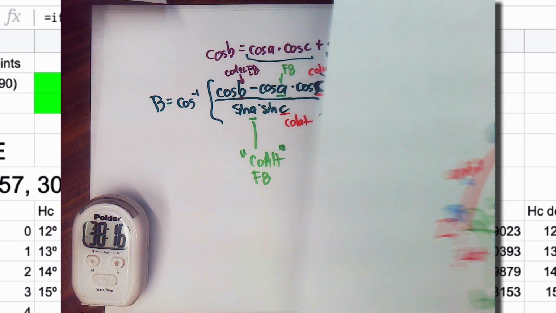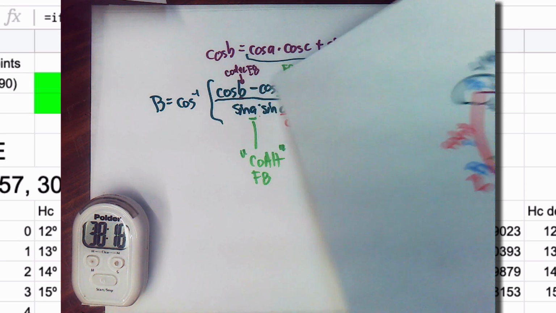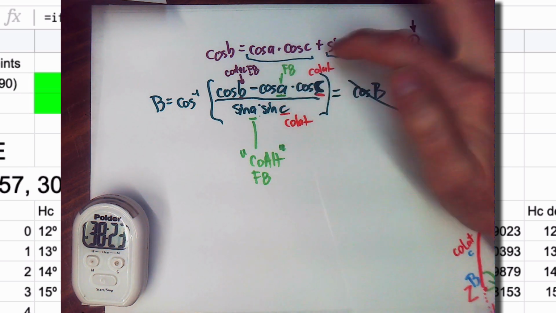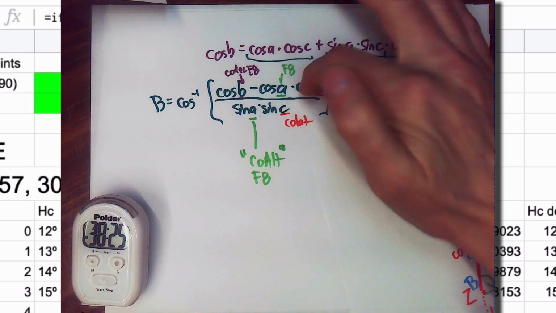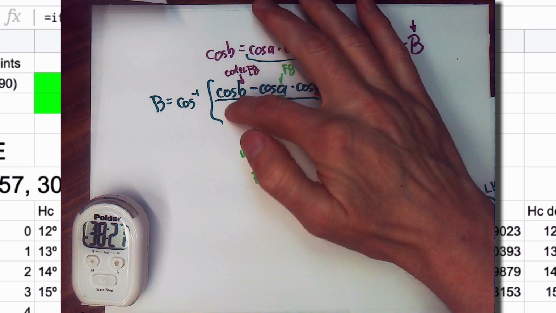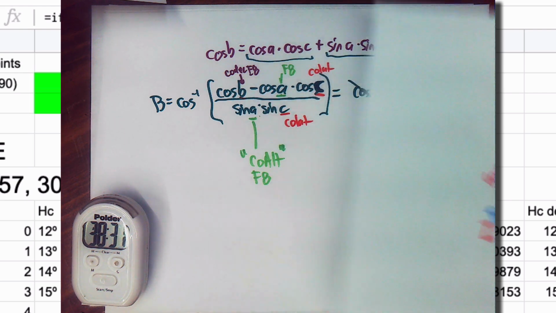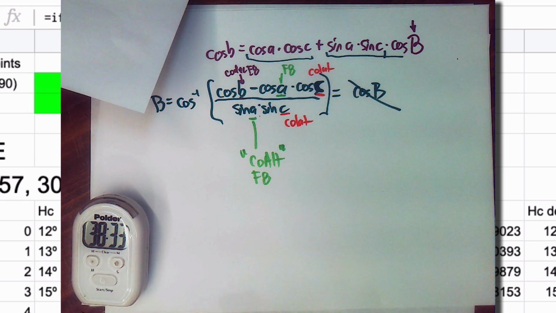It's going to be mind-numbing to type into a spreadsheet, but basically: cosine of E8 minus cosine of F8 times cosine of CoLat, all divided by sine of F8 times sine of CoLat, and then we take the inverse cosine of the whole thing. That's going to be our azimuth.